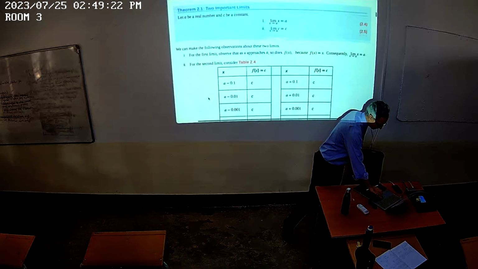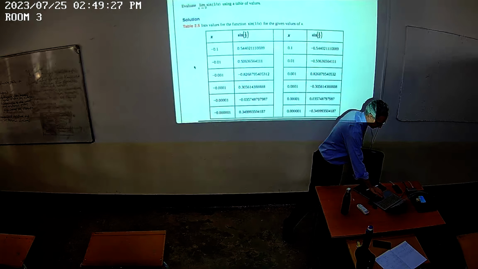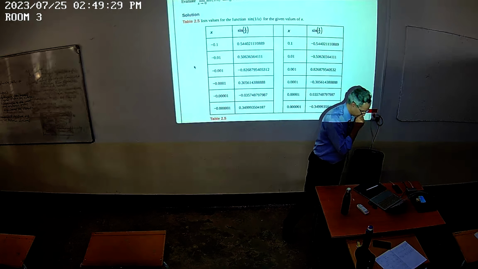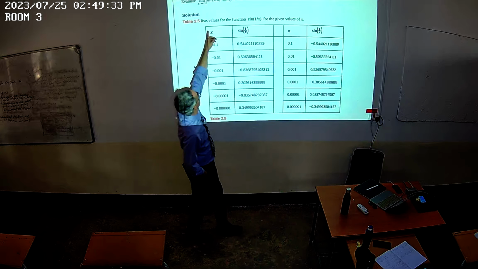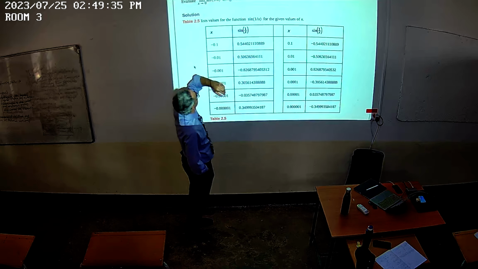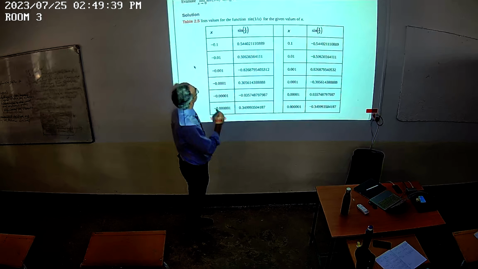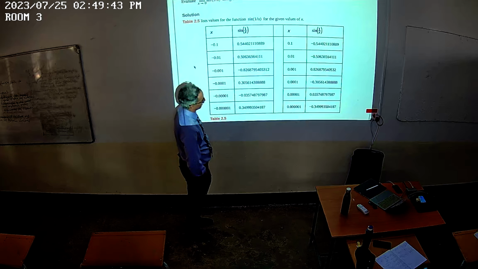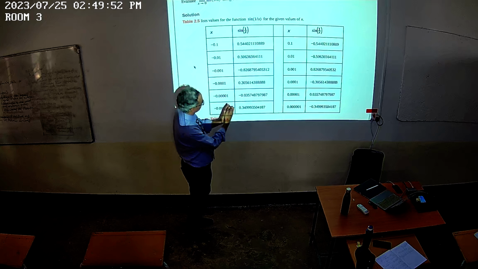So now we look at the function sine of 1 over x. What is the limit of sine of 1 over x as x approaches 0? One way of doing it is to look at a table of values, with x values getting smaller and smaller, closer and closer to 0.